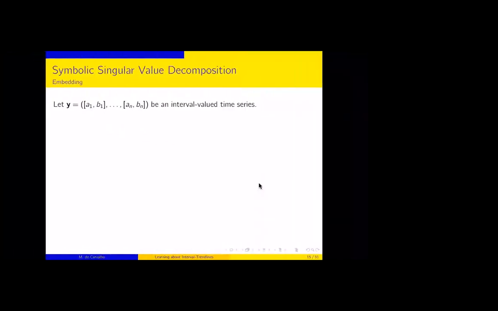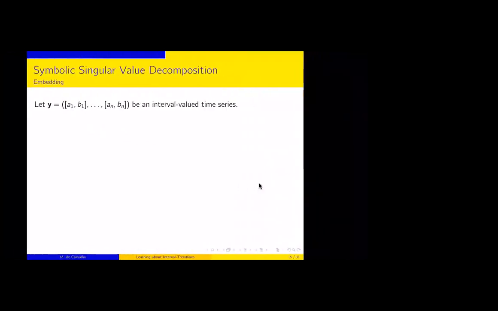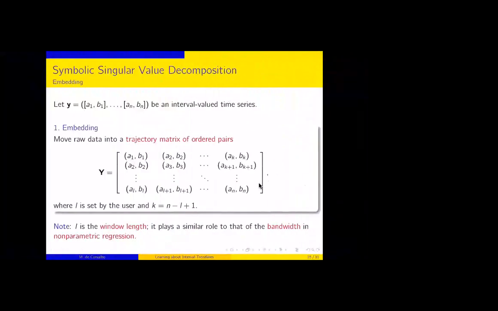So let's get started. We've already discussed embedding, and embedding is essentially just moving the raw data into a trajectory matrix of ordered pairs. This is very similar to what I discussed earlier in terms of plain vanilla SSA.